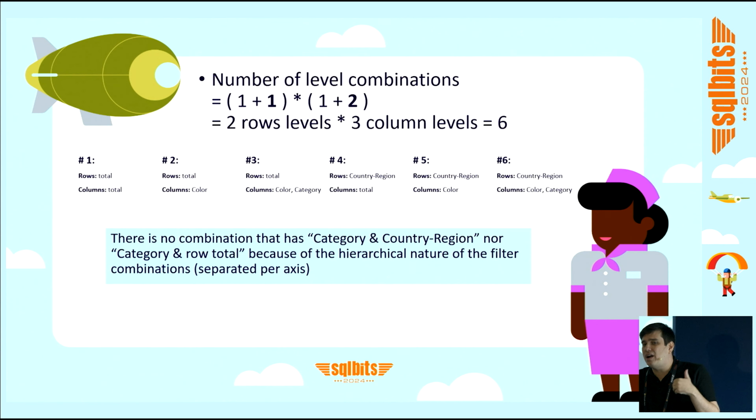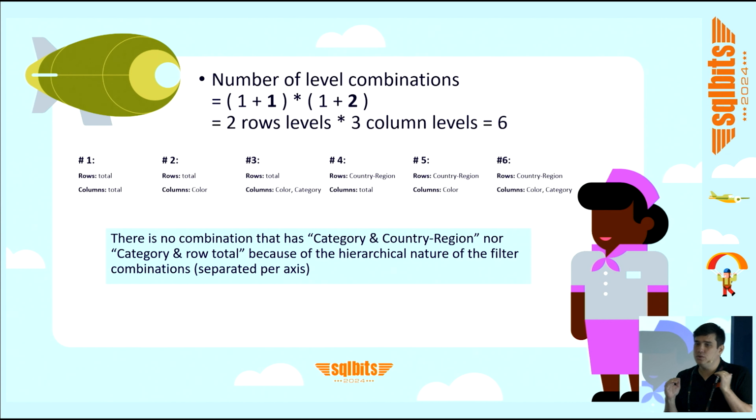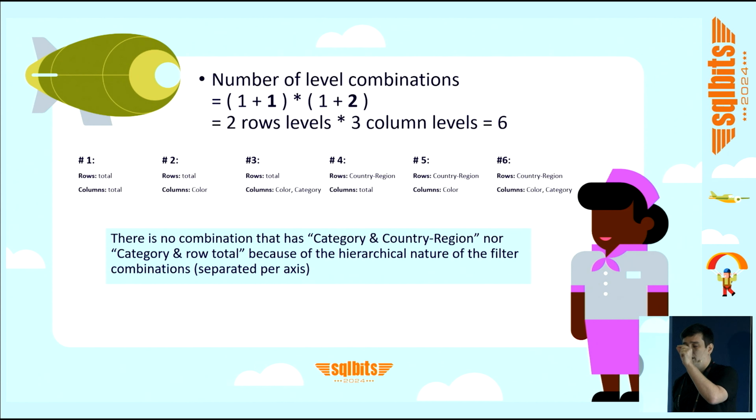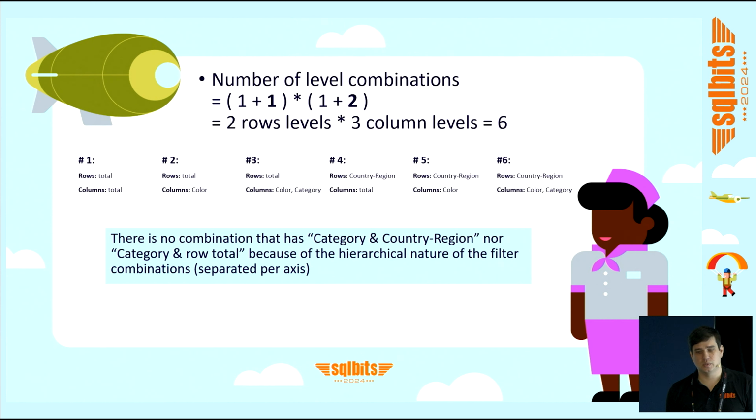And this hierarchical way of feeding the visual matrix leaves out that combination, okay? So whenever you do use visual calculations to make calculations, you have to be really specific on what order you're gonna feed your axis, either rows or columns, because you're missing the category and country region, or the category and row total.